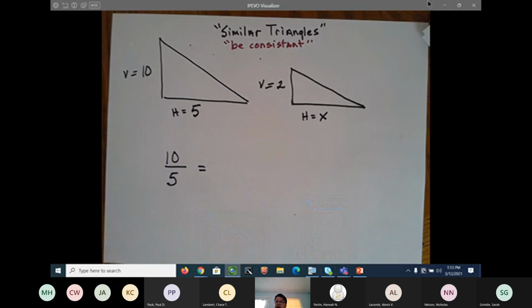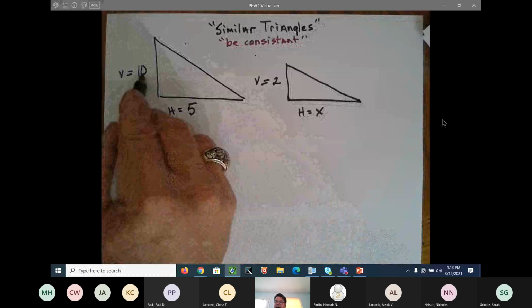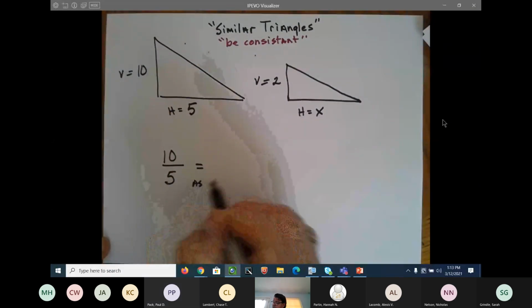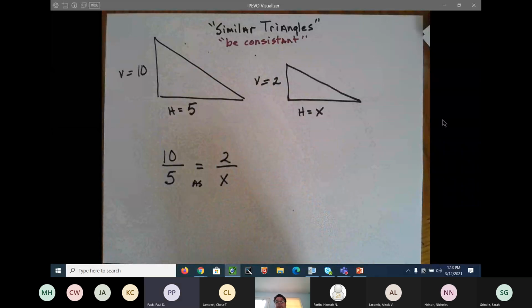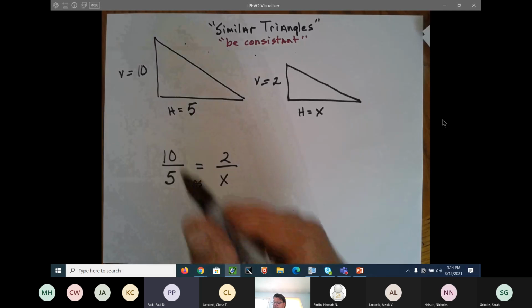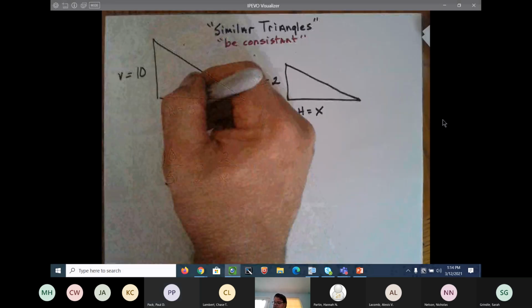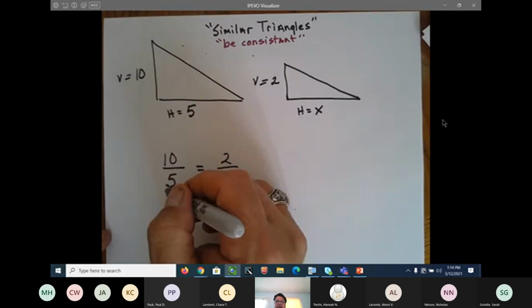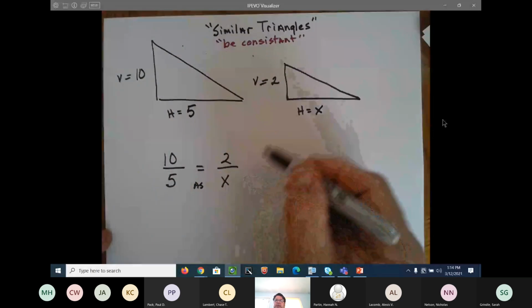That means I want y'all to interact with me. 10 is to 5 as 2 is to X. Okay, why did you pick 2 is to X? Why didn't you do X is to 2? Because you did 10 over 5. Because I did vertical to horizontal. Yeah. If you do vertical to horizontal on the left-hand side, then what do you need to do on the right-hand side? Same thing. Vertical to horizontal. And that's what be consistent means.